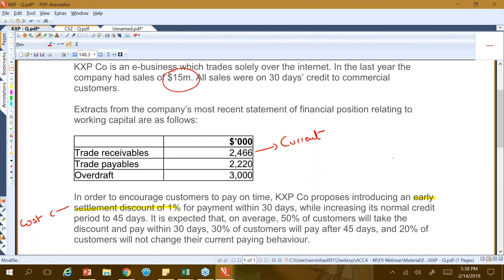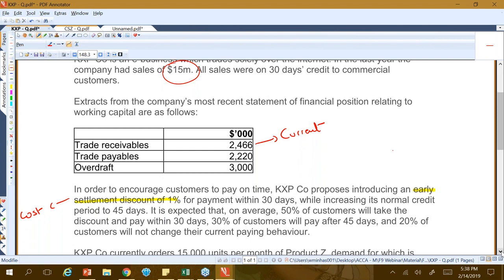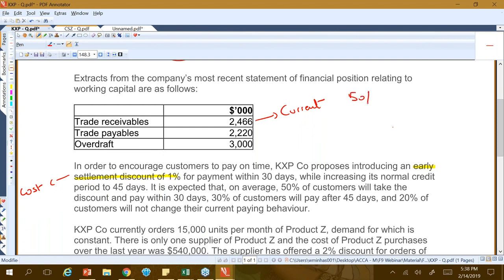It is expected that on average, 50% of customers will take the discount and pay within 30 days. So there's a bit of an analysis building up here. 50% of customers will pay in 30 days. Then we have 30% of customers which will pay after 45 days.